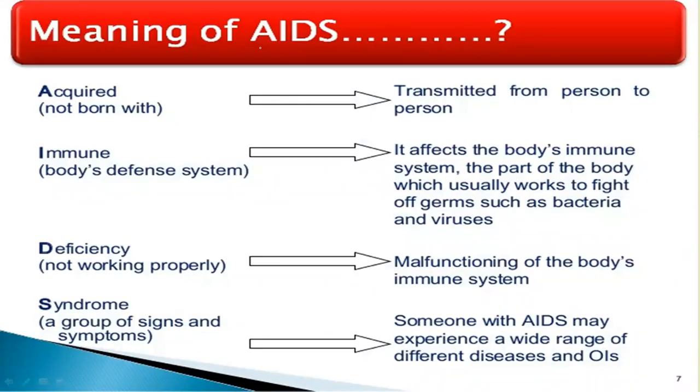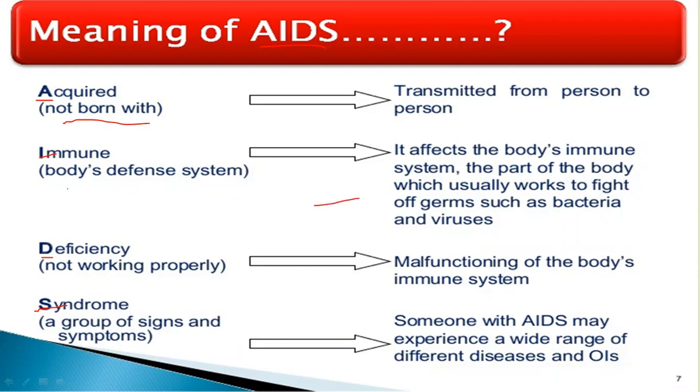HIV causes AIDS. AIDS is called acquired immune deficiency syndrome. That is actually not a disease, that is a syndrome in which lots of signs and symptoms of different diseases can be highlighted. Acquired means not born with, means that it is not inherited, but it is acquired and transmitted from person to person.